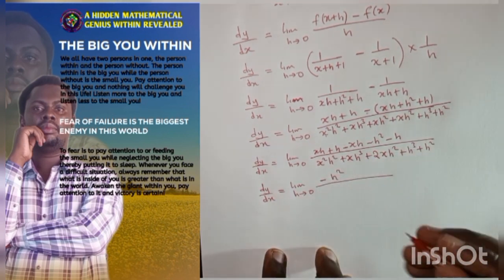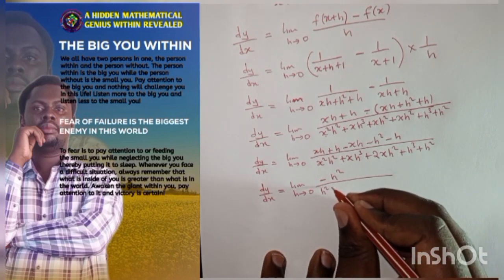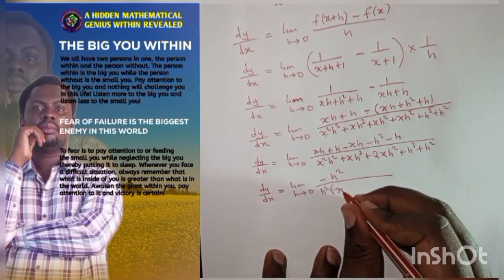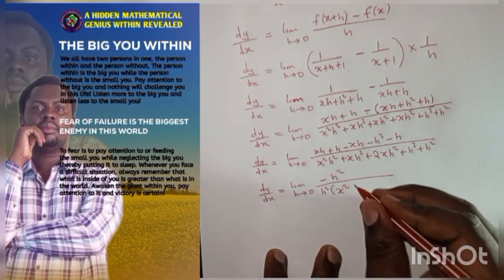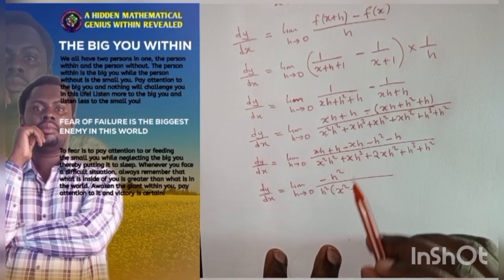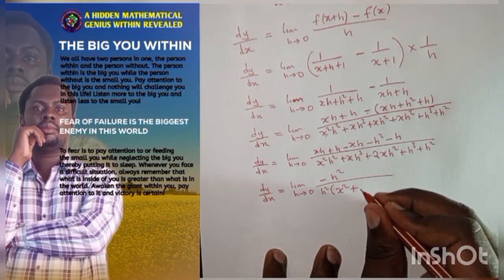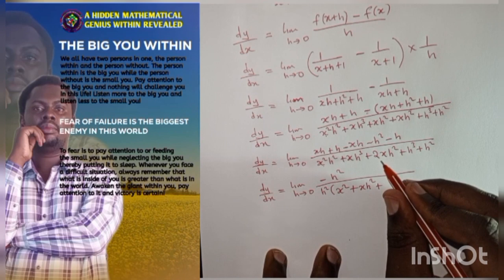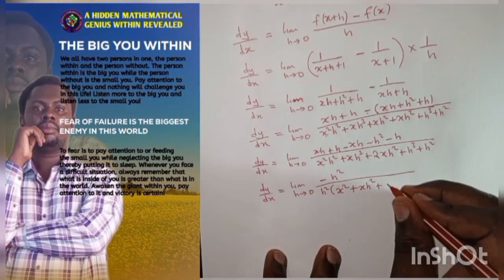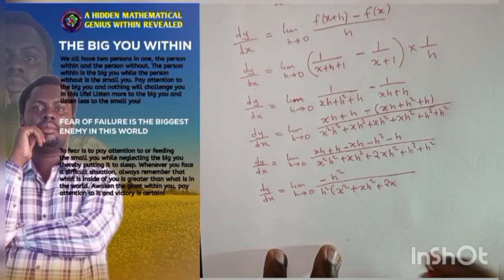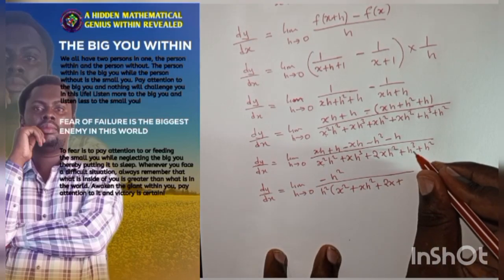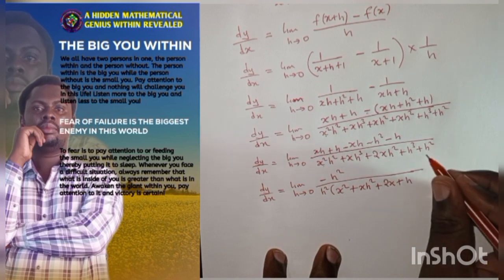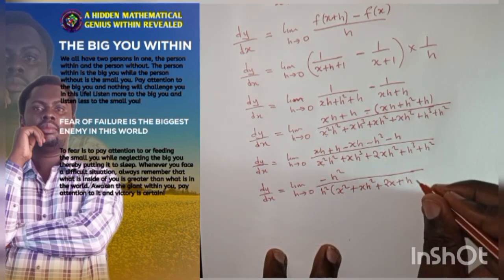So we are going to have h squared, then in brackets we are going to have x squared h squared divided by h squared, we are going to have x squared, plus x h cubed divided by h squared, you get x h, plus 2x h squared divided by h squared, you get 2x, plus h cubed divided by h squared, you get h, plus h squared divided by h squared, you get 1, so plus 1.